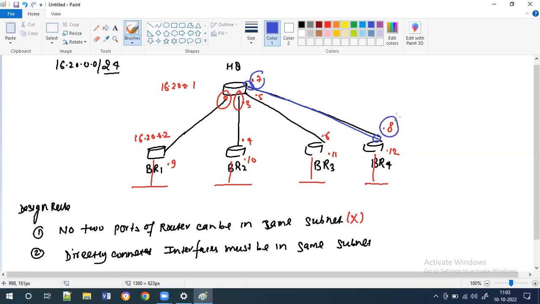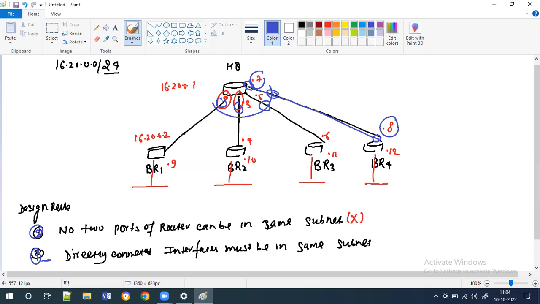So if I consider this diagram and let's make it sequence number 1 and 2. If this is sequence number 1, then it says directly connected interfaces must be in the same subnet. So from that rule, it's true, we can achieve that. But if you consider the second statement, it says no two ports of a router, meaning this port and this port, cannot be in the same subnet.